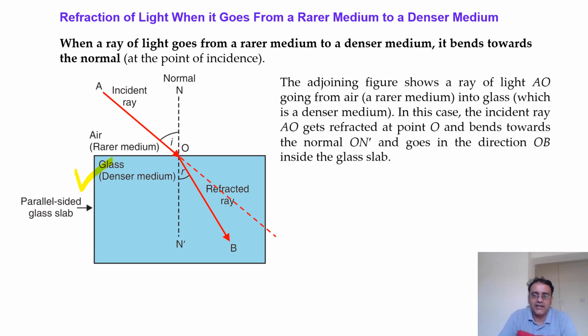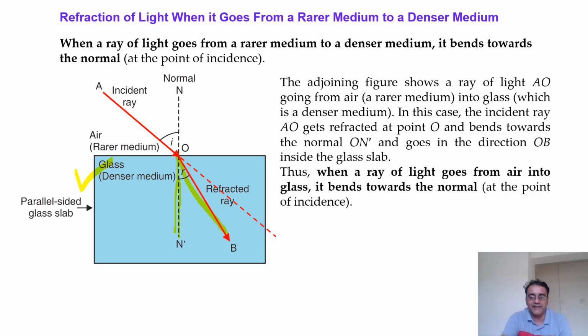Okay, so the adjoining figure shows a ray of light AO going from air that is rarer medium into glass, which is a denser medium. In this case the incident ray AO gets refracted at point O and bends towards the normal. Normal यहाँ पे ये वाला है, ON is the normal, right, and it bends towards the normal की तरफ bend हो रहा है and goes in the direction OB inside the glass slab.